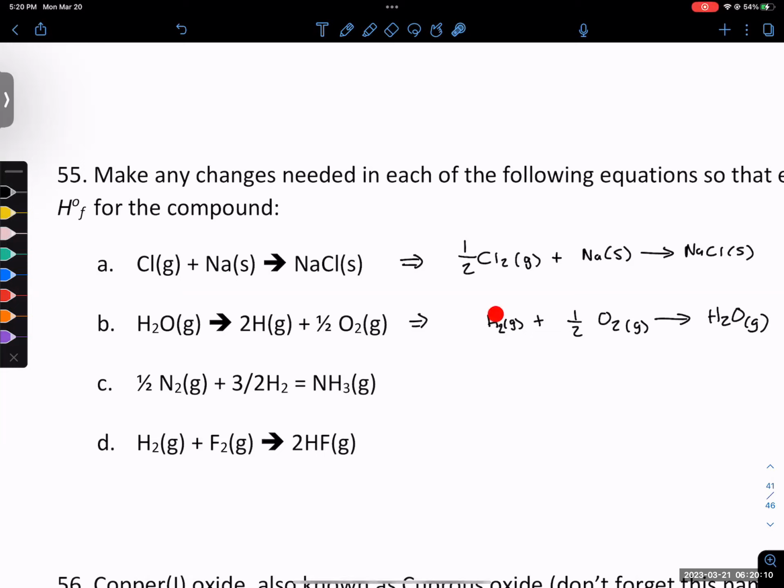We put H2 because hydrogen is diatomic, it exists as H2, you're never going to find a single hydrogen atom by itself. So this would be the correct answer for 55B. For 55C, I'll give you 1 minute to work on that one. See what y'all get.